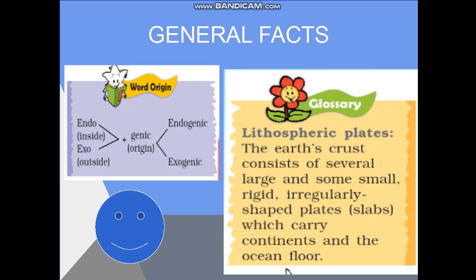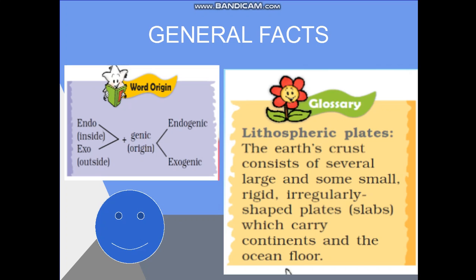Now exo. Exo means outside plus genic. Genic means origin. So exogenic forces are nothing but the forces which act or happen outside, meaning on the surface of the earth, on the earth's crust or on the exterior of the earth.